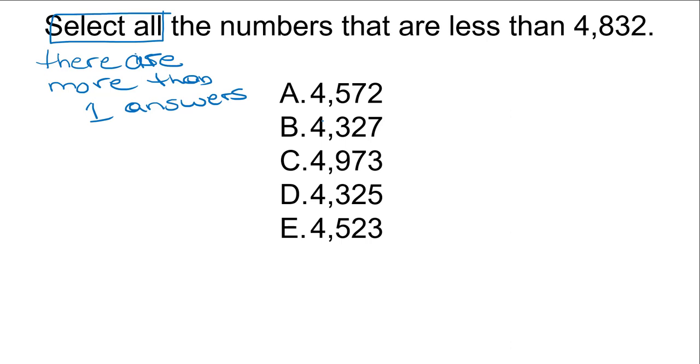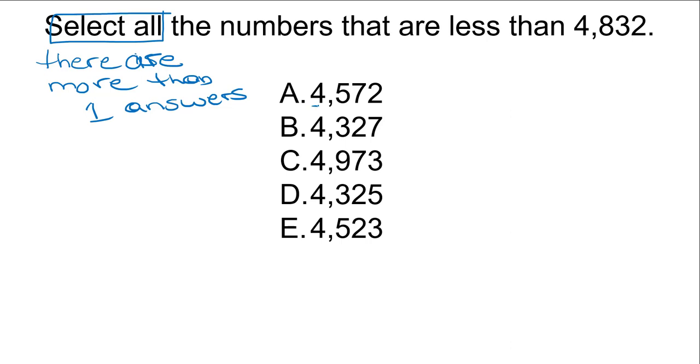There are more than 1 answers because they say select all. But does that mean there's only 2 answers? Nope. It could be 3, it could be 4, it could be 5. I don't know. Our job is to look through carefully and determine all the correct answers. So you've got 4,832.